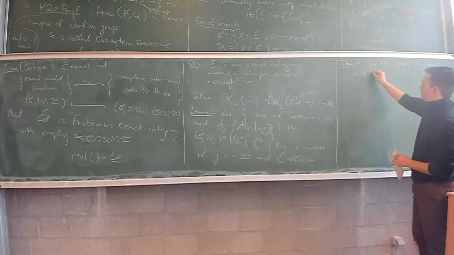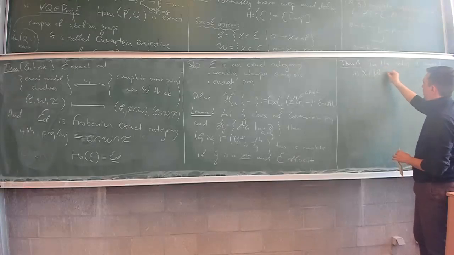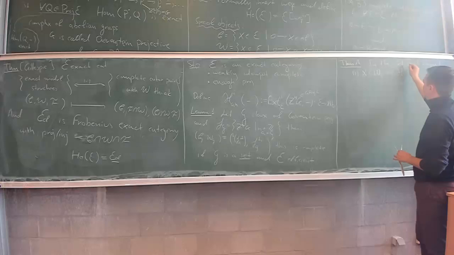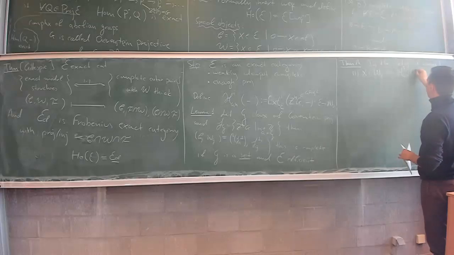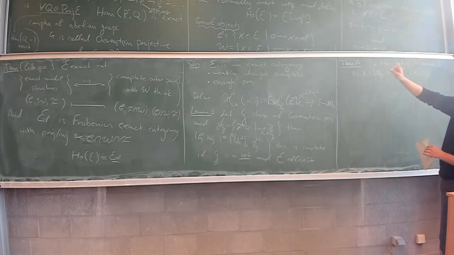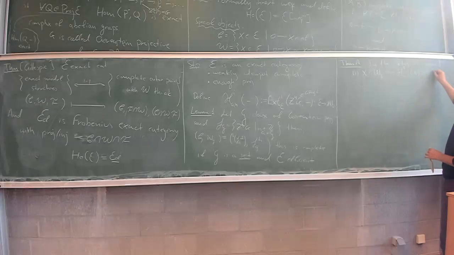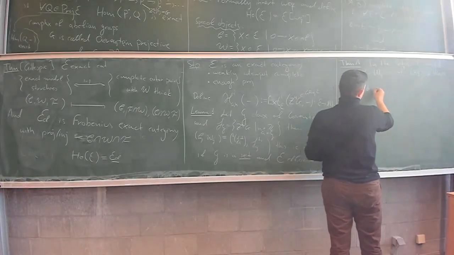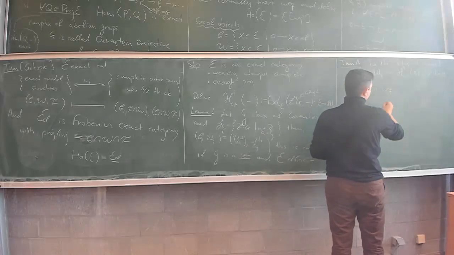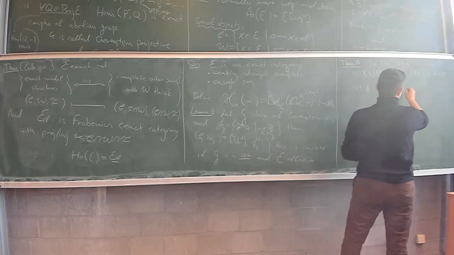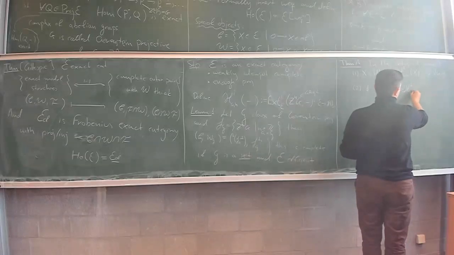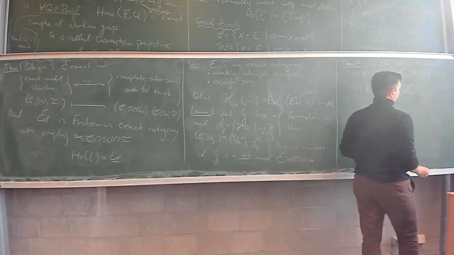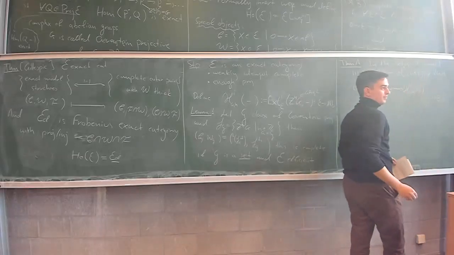So an object X is going to be trivial if and only if the first homology of X, as I defined it here, vanishes for any Z, for any N. And a map phi is going to be a weak equivalence if and only if H1 of phi is an isomorphism.